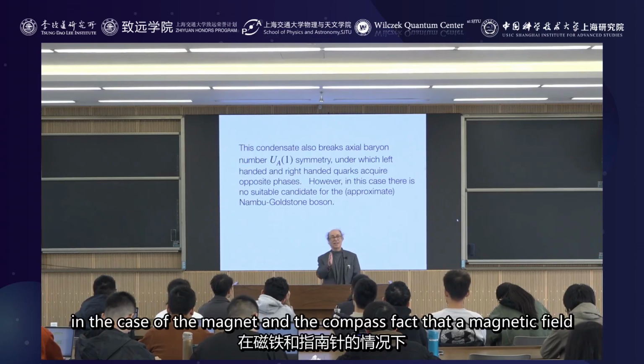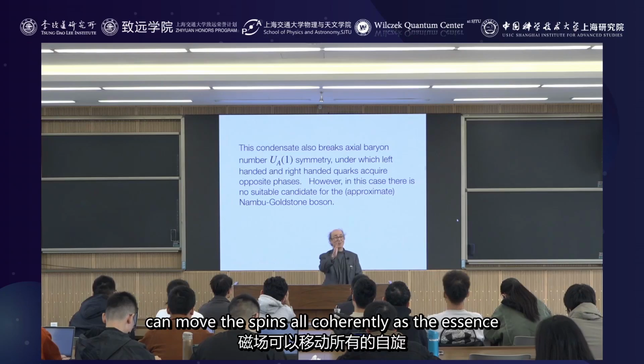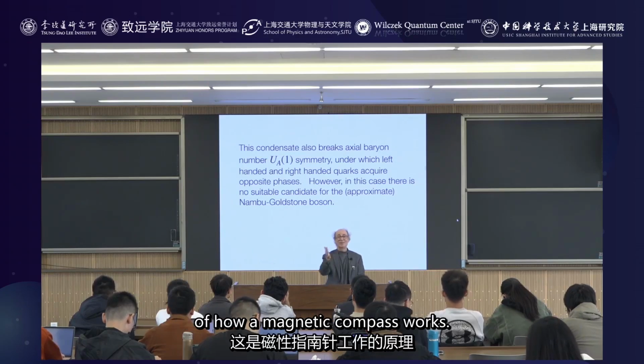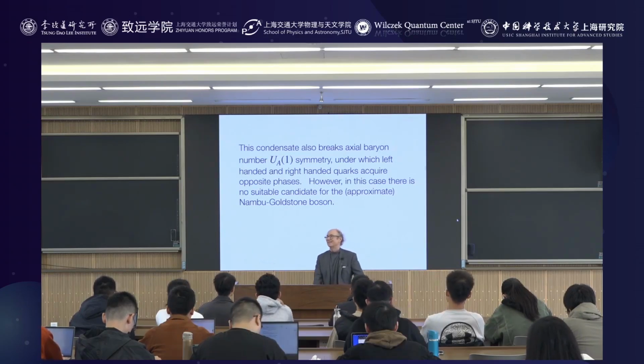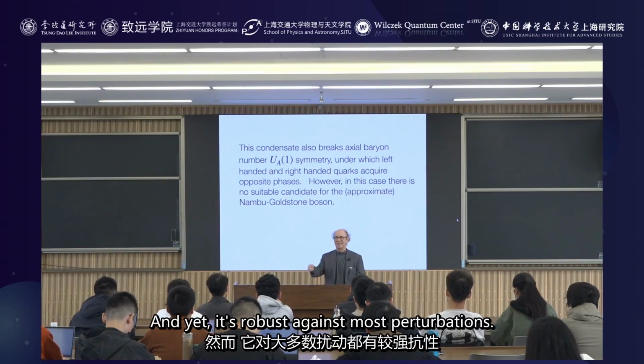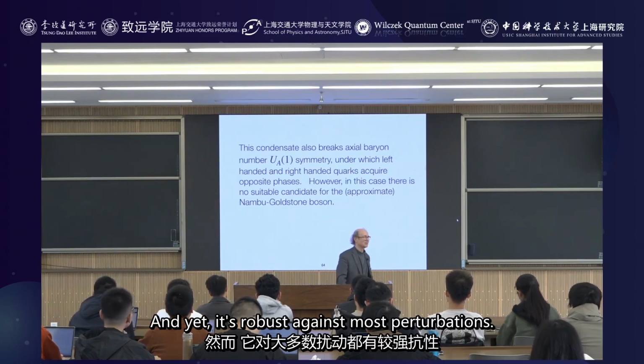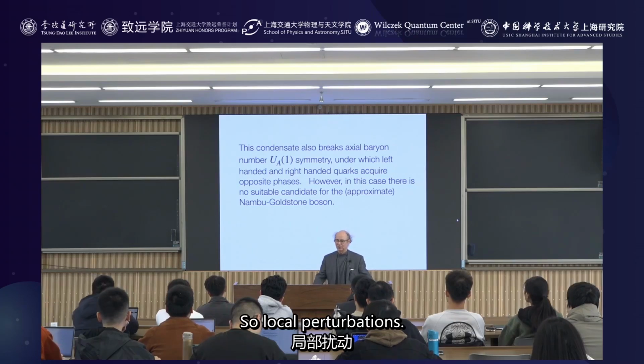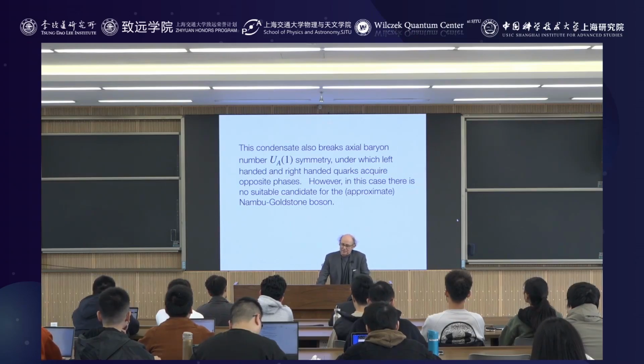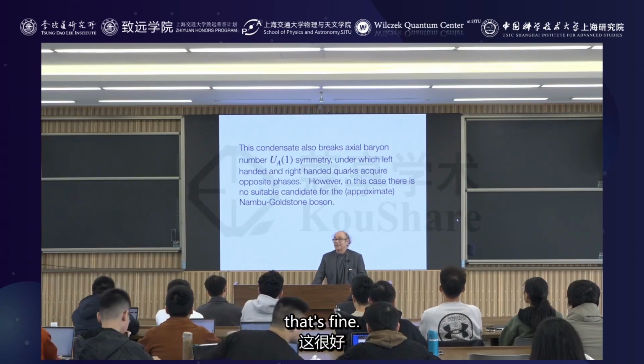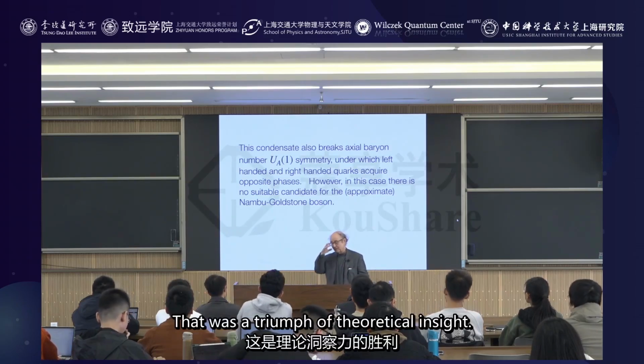Of course, in the case of the magnet and the compass, the fact that a magnetic field can move the spins all coherently is the essence of how a magnetic compass works. And yet it's robust against most perturbations, so local perturbations. Now, that was a triumph of theoretical insight.